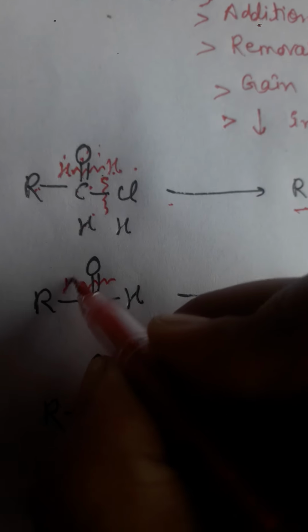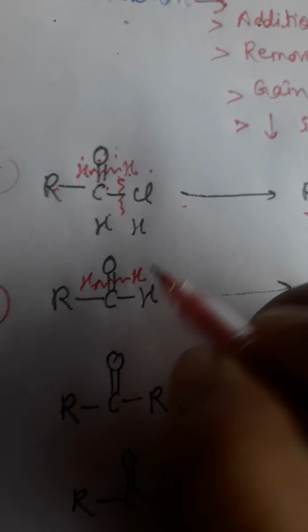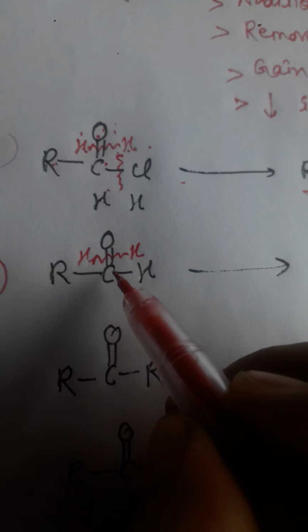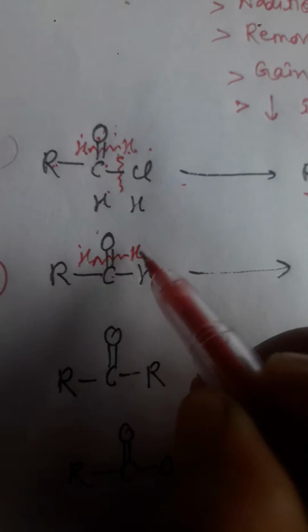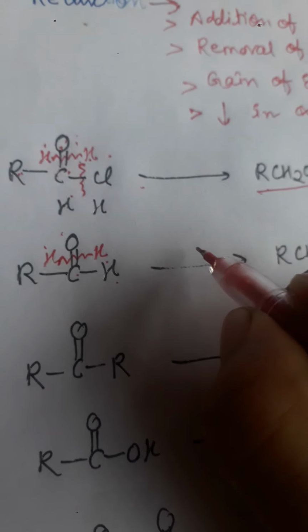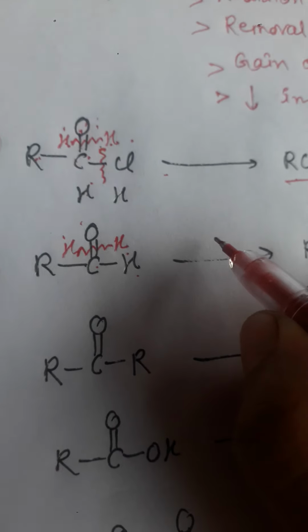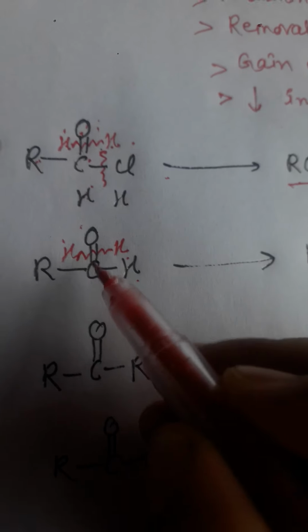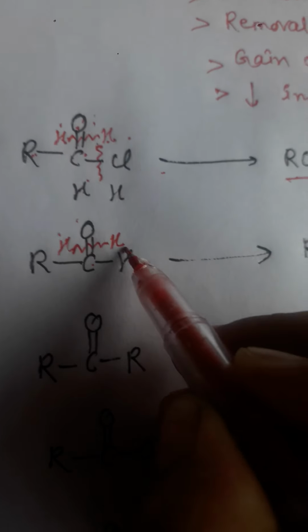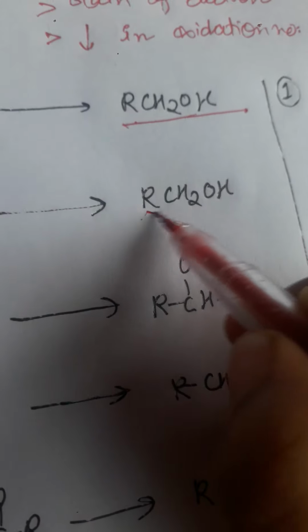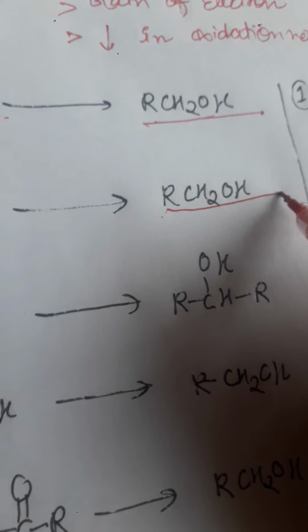What will we get? One side hydrogen, one side hydrogen. So I can write RCH2OH, right? This one is a reduction procedure. There will be one catalyst, and I will get RCH2OH. Okay, now come to the third one.